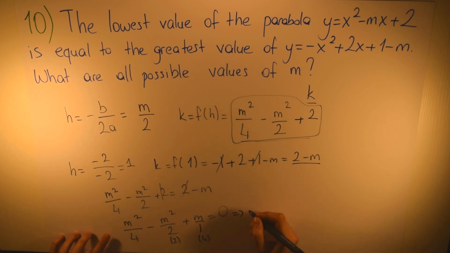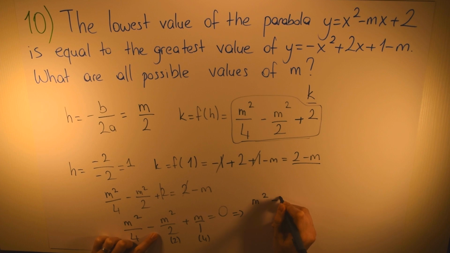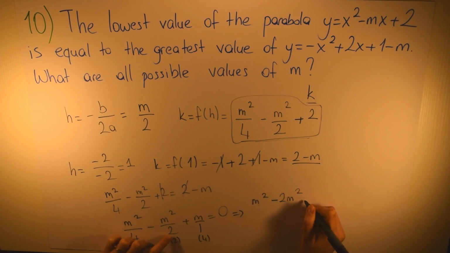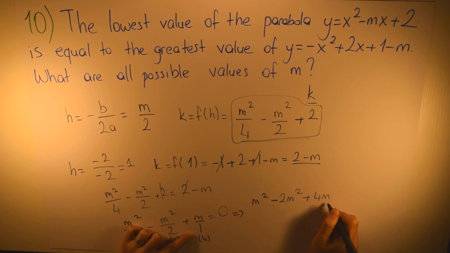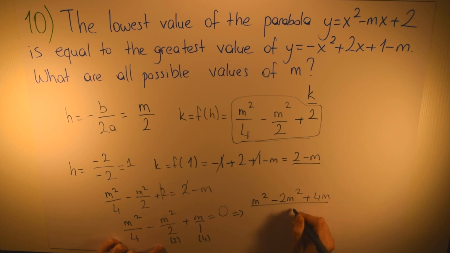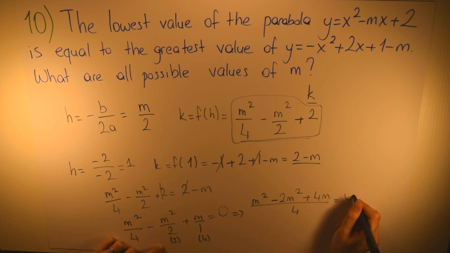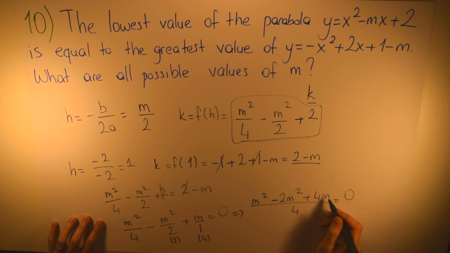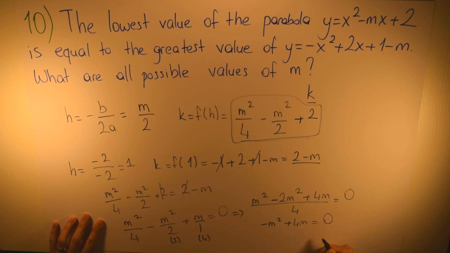So from here we will get m squared minus 2m squared plus 4m over 4 is equal to 0. This will be 0 when you do cross multiplication, which means m squared minus 2m squared becomes minus m squared plus 4m is equal to 0.